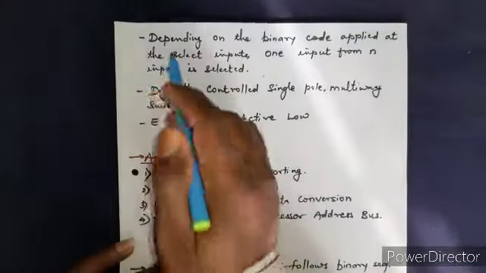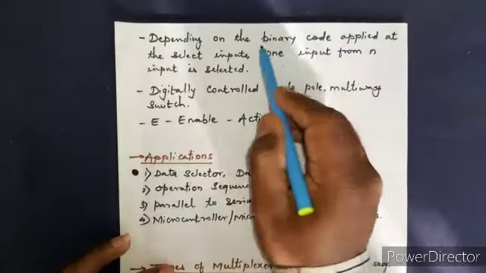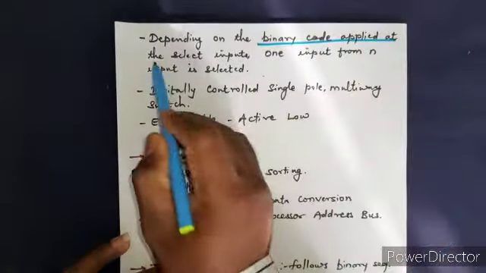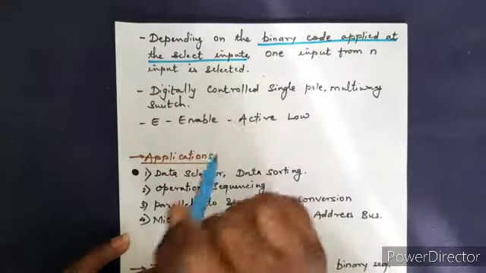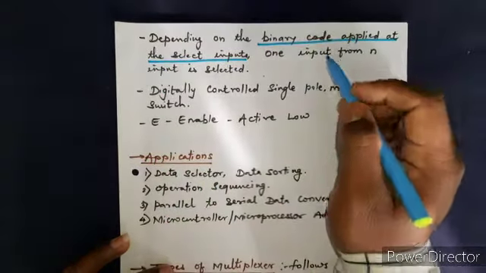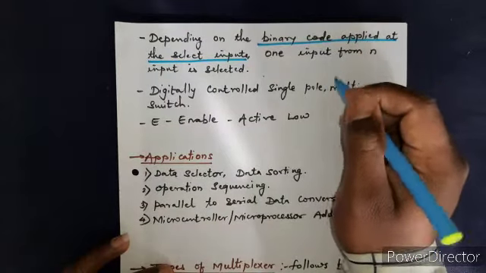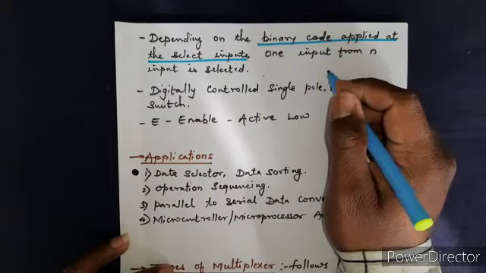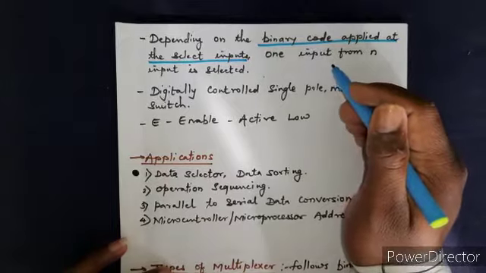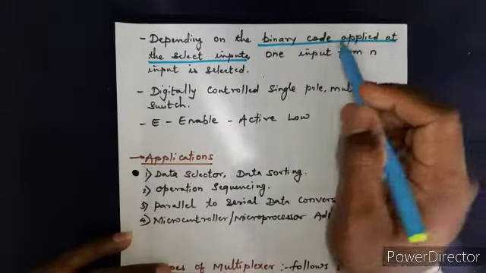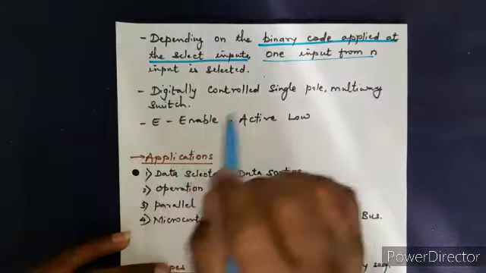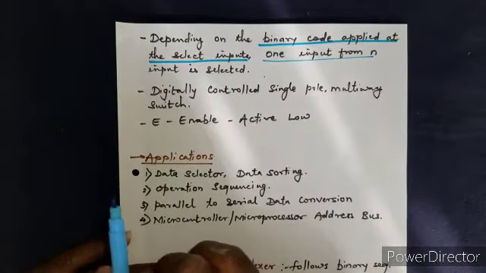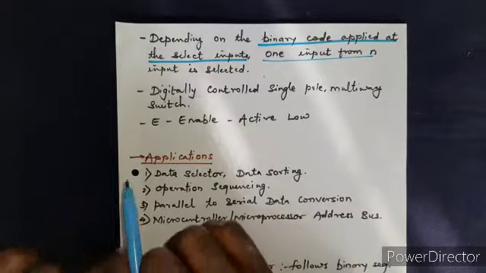So that's what I have discussed here. Depending on the binary code applied at the select lines, one input from n inputs is selected. Now you are providing some binary input to the select lines depending on the number of inputs, and from that one input will be selected, which will be routed to the output.